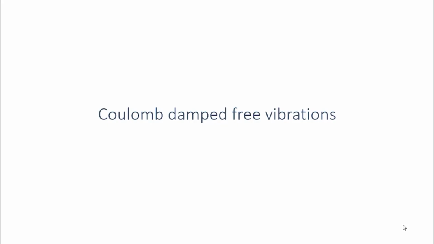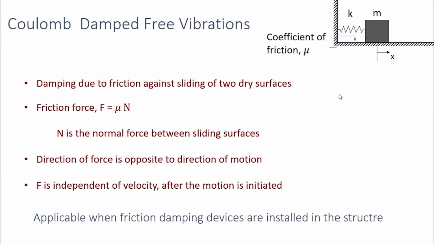Now we will learn a different type of damping called Coulomb damping. Let's see how Coulomb damping works. In Coulomb damping, the energy dissipation is due to the friction between two sliding surfaces. A Coulomb damped free vibration can be modeled as shown here.